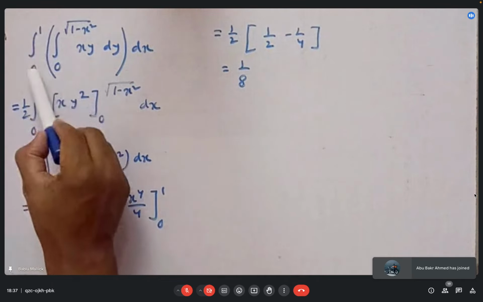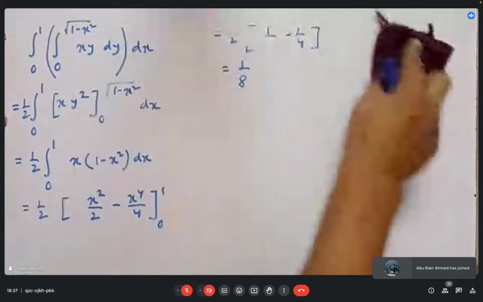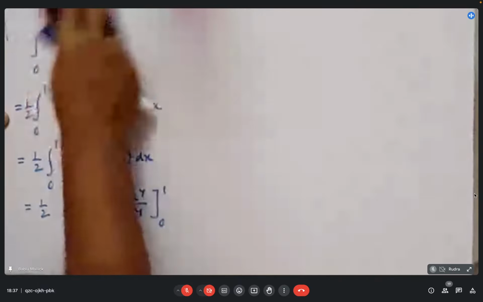The limit of x is given directly. Another type of question may be in this way.